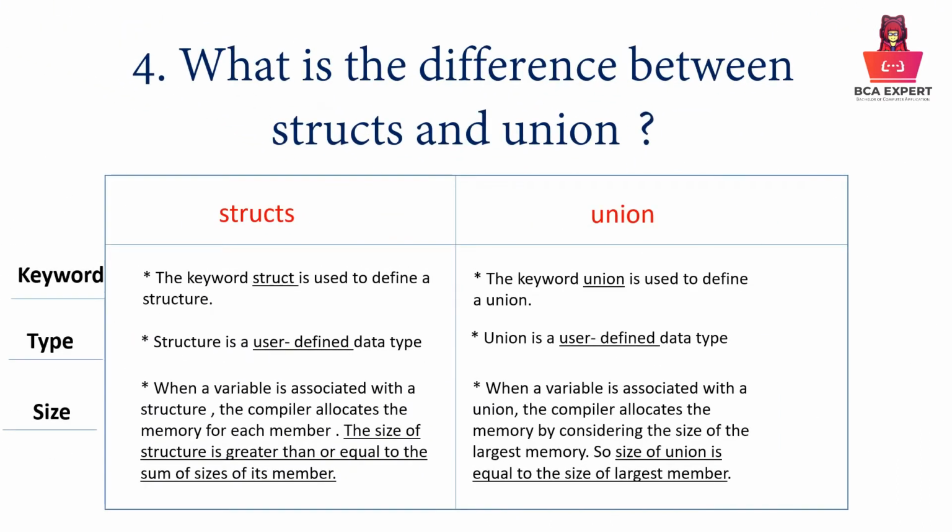Now the difference between structure and union. The keyword struct is used to define a structure, and the keyword union is used to define a union. The structure is a user-defined data type, and union is also a user-defined data type. Next we see the size.